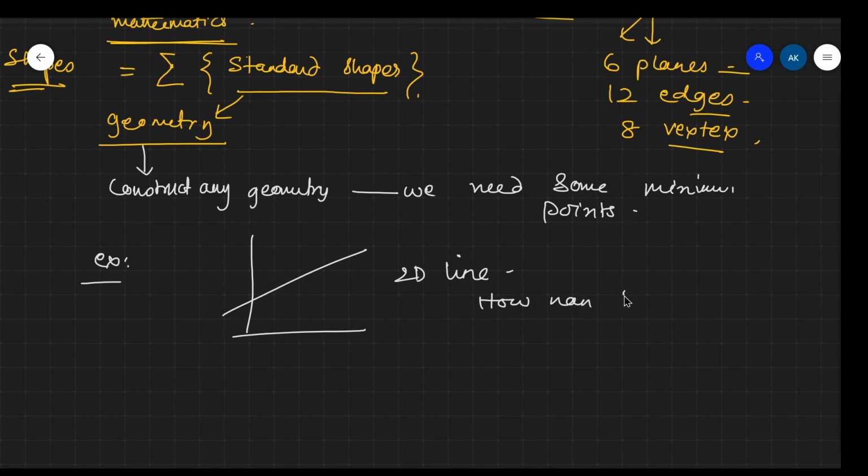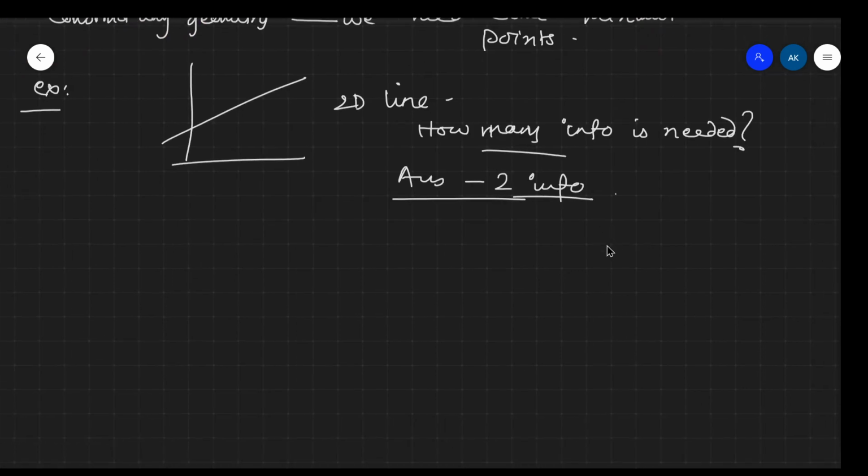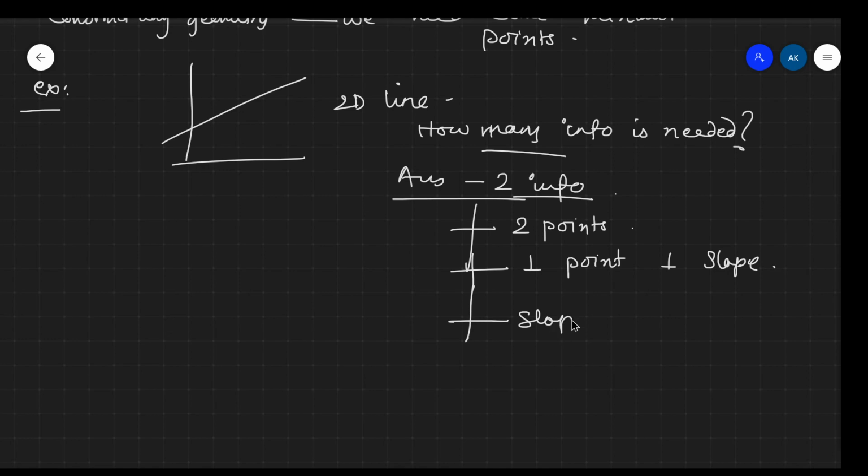The answer is 2. These 2 pieces of information can be of different types. Either you give me 2 points, or you give me 1 point and 1 slope, or you give me slope and intercept. Actually, this and this are the same, but still, any 2 pieces of information will fix this line.